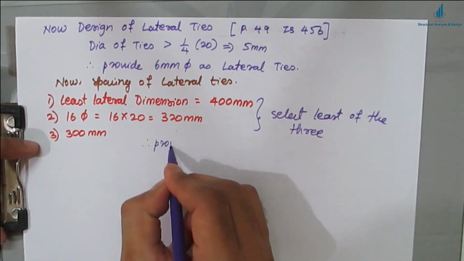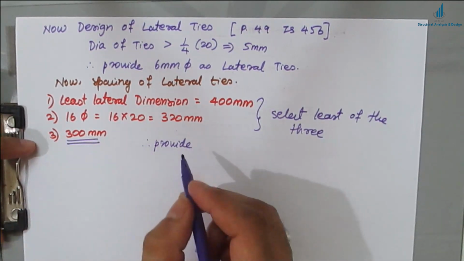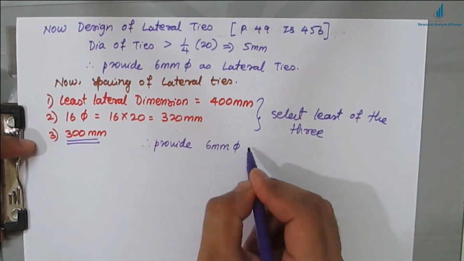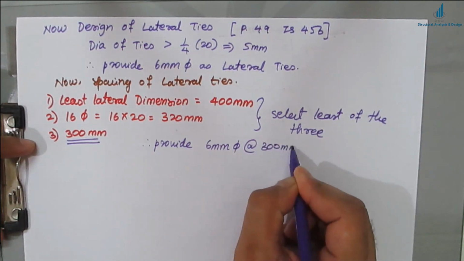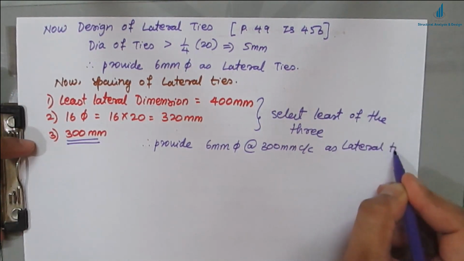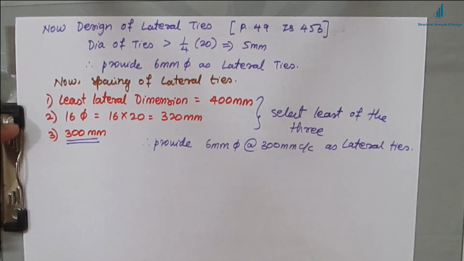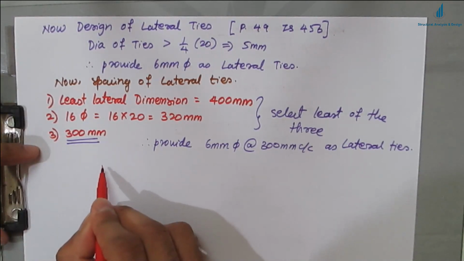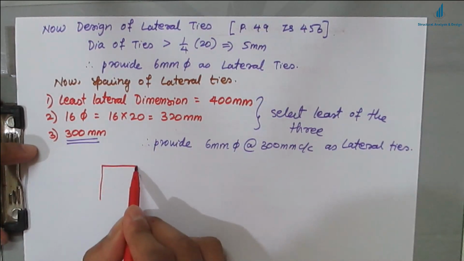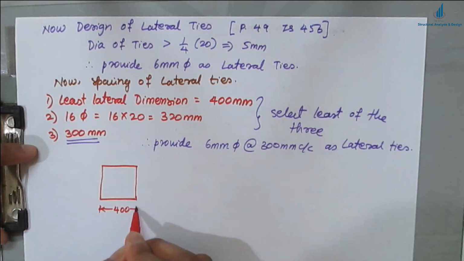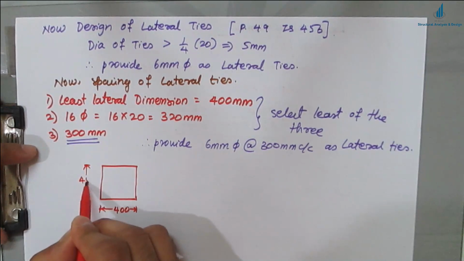Therefore, this is your least dimension. So provide 6 mm phi at 300 mm center to center as lateral ties. So this is the way you have to design. Now just don't end the problem here. You have to show the reinforcement. So this is your rectangular column. Okay, so this is 400, this is 450 mm.